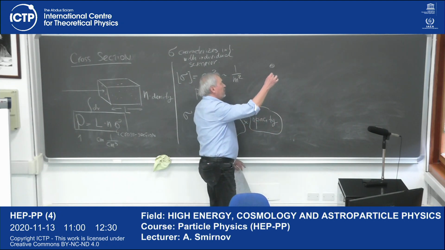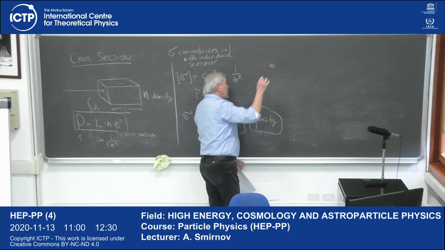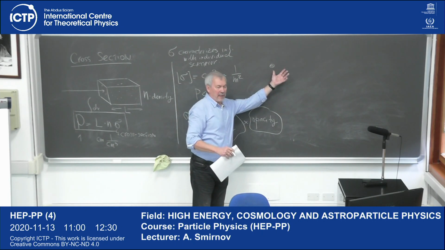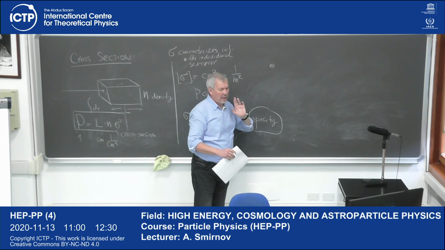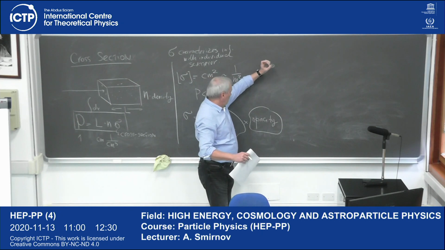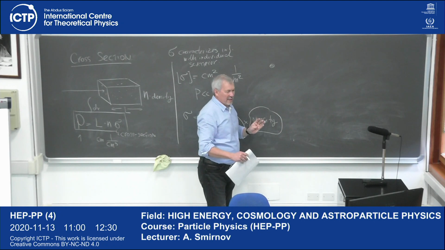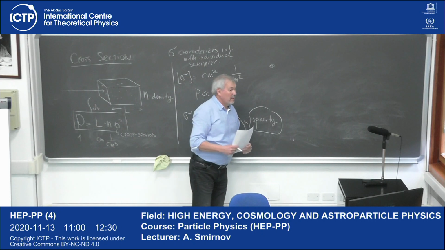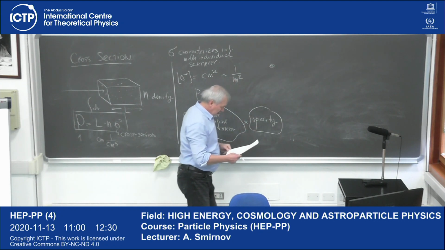Even if your particle hits the area of the scatterer, it may still pass through if it is not completely opaque. If it is completely opaque, then this opacity is just 1, right? However, it may happen that the interaction is weak, and although you hit this area, particles can still come through, and then you need to introduce this opacity.